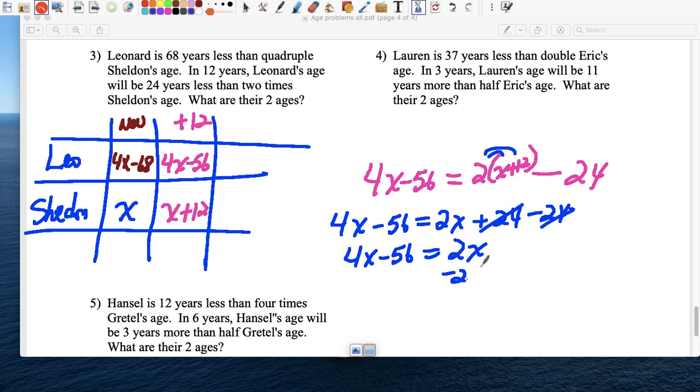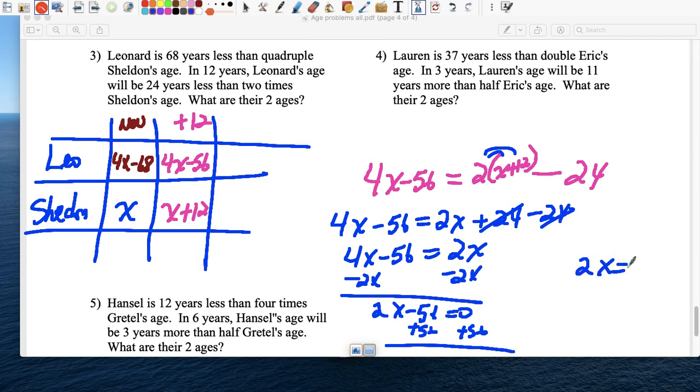We're going to subtract 2x from both sides. We get 2x minus 56 equals 0, plus 56 on both sides. We're going to get 2x equals 56, and divide by 2, x equals 28. So Sheldon here is 28 years old.